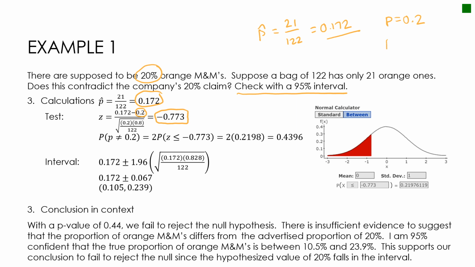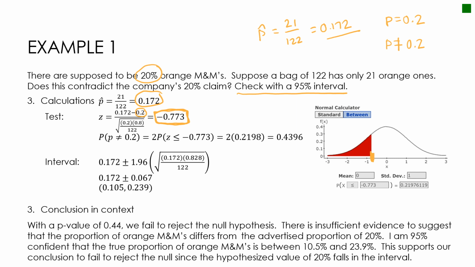But keep in mind that my alternative hypothesis was not equal to 0.2. A lot of people struggle with that, because it's not an option when I put this in StatCrunch. Here's why. I found a z-score of negative 0.773, which is this marking right here on the graph output.